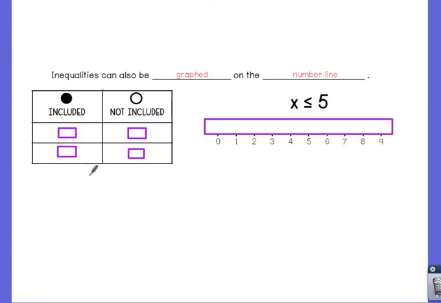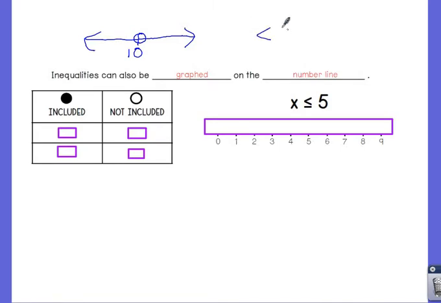This box is one of the main things you will have to have memorized for your quiz. So if I had a number line and there was a 10, you either have an open circle, which means not included, or you have a filled in circle, that means included.